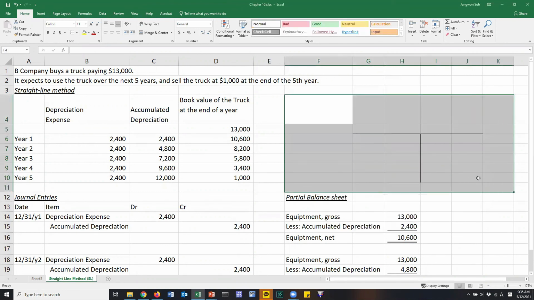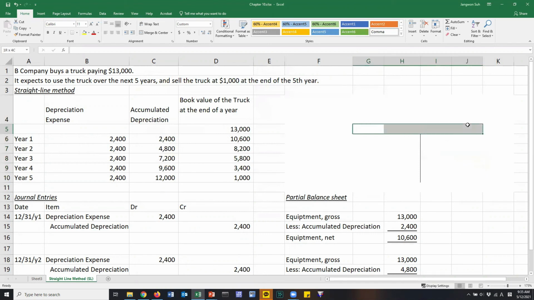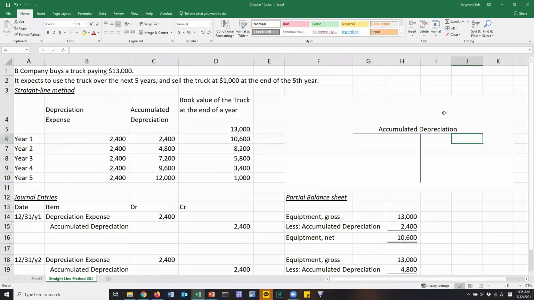This is sort of confusing, so I'm going to fill everything white. Let's title it accumulated depreciation. At the end of year one, we've accumulated the depreciation. How much? Here it is.